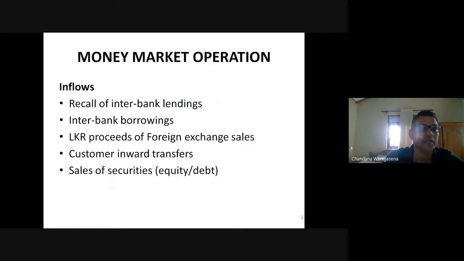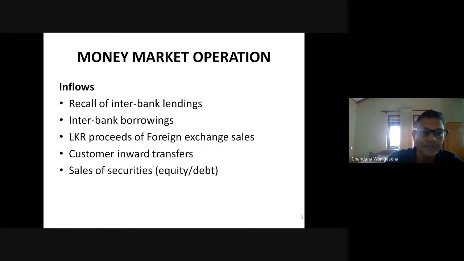Then LKR proceeds from foreign exchange: we sell foreign currencies and get LKR, so in that scenario also we get Sri Lankan rupees into the banking system.